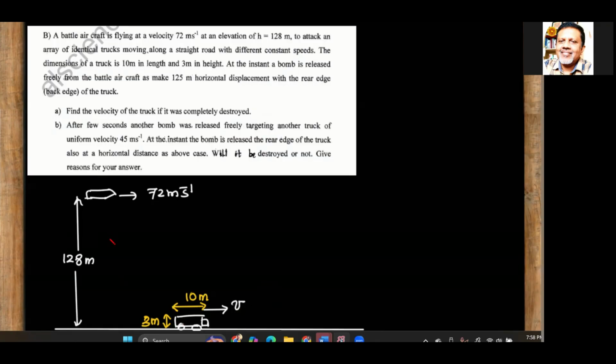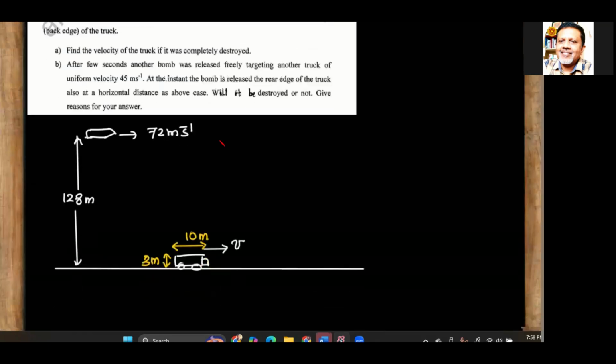Then at the instant a bomb is released freely from the battle aircraft, it makes 120 meter horizontal displacement with the rear edge, back edge of the truck. Okay, so that is the distance we need, because from the rear end, this is the so-called 120 meter distance.